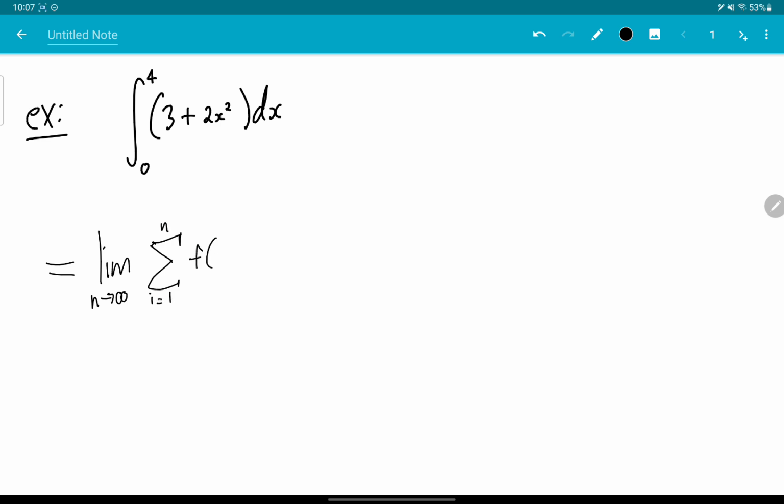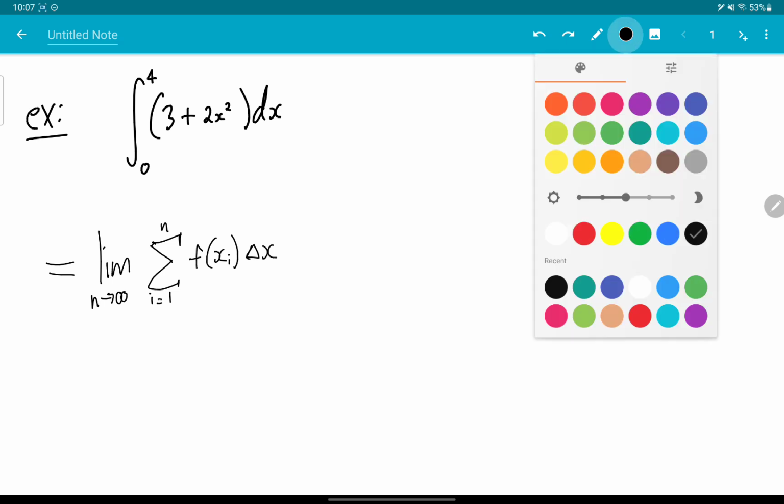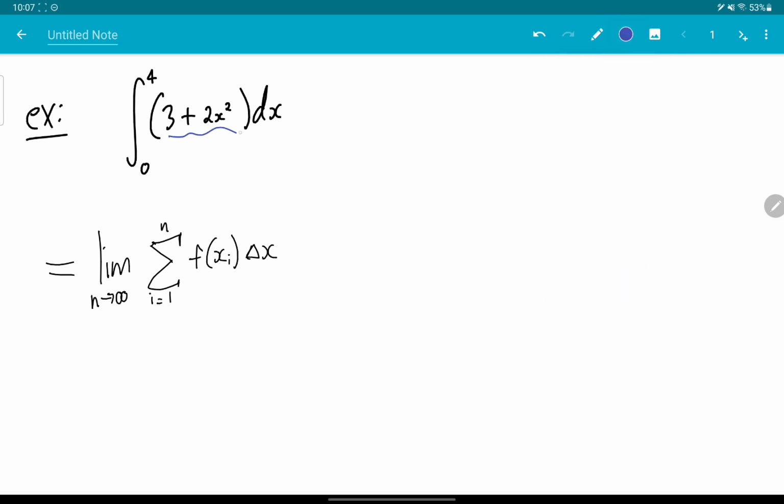Then we got our function, and we will use right endpoints for our xi here. So our function in this case is this guy right here.